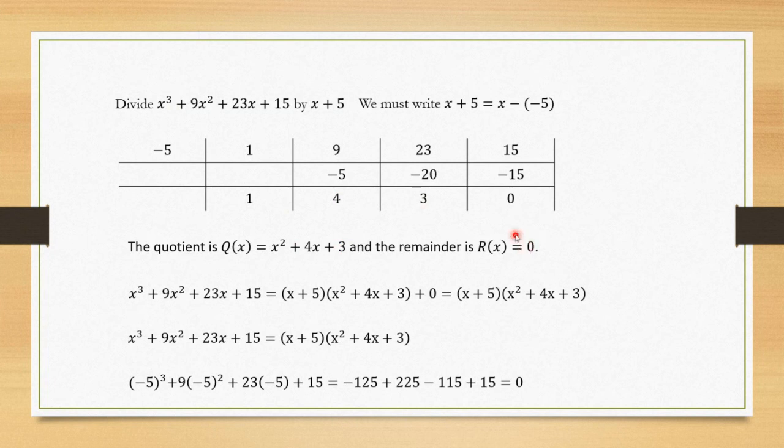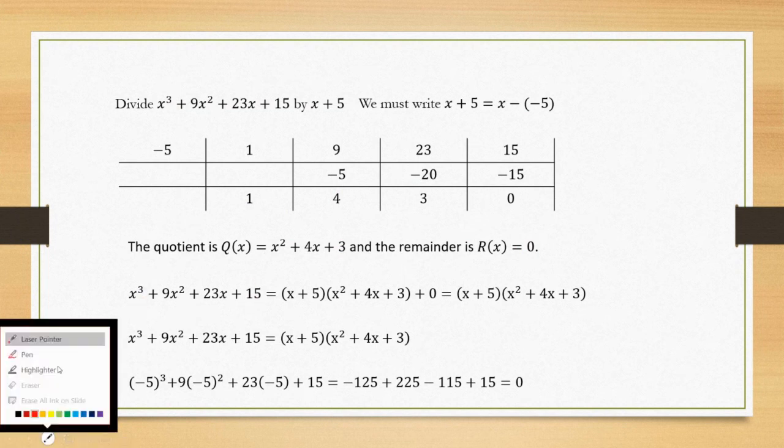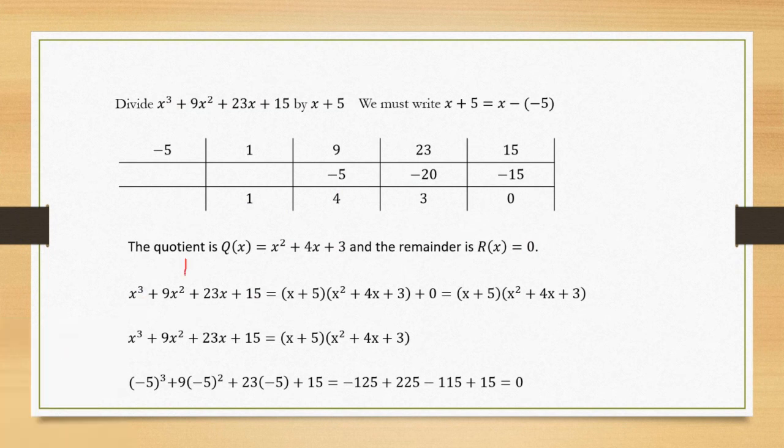So if we were to write it out as in the division algorithm, we would have our f of x here. Let me actually write that in. We would have f of x equal to d of x, which is, again, in this case, x plus 5.